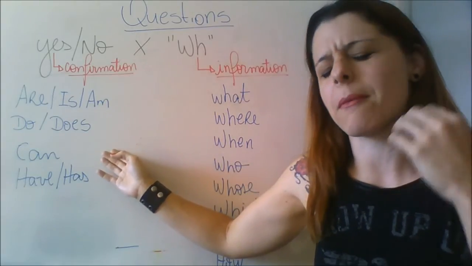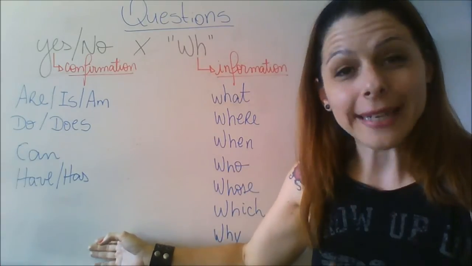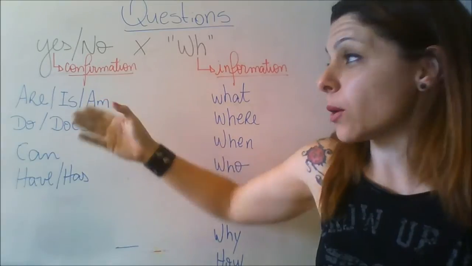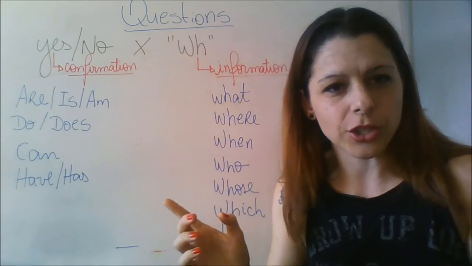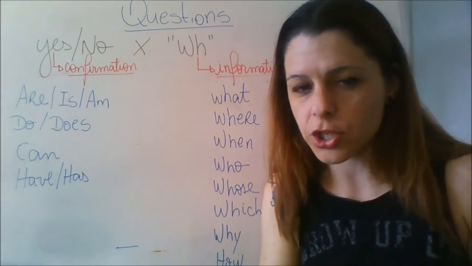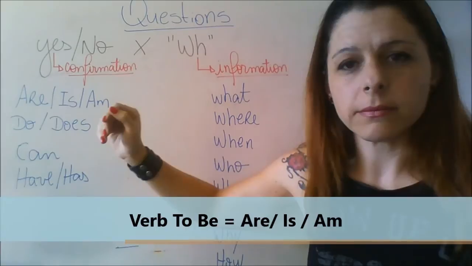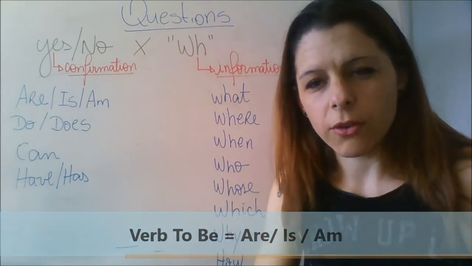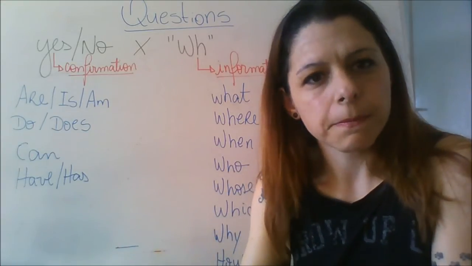I know there are a lot of different words that we can start, but for now, these are the examples you need. So here we can start the question, the yes or no question, the confirmation question with verb to be. Are, is, am. Alright, so for example, are you the new student?